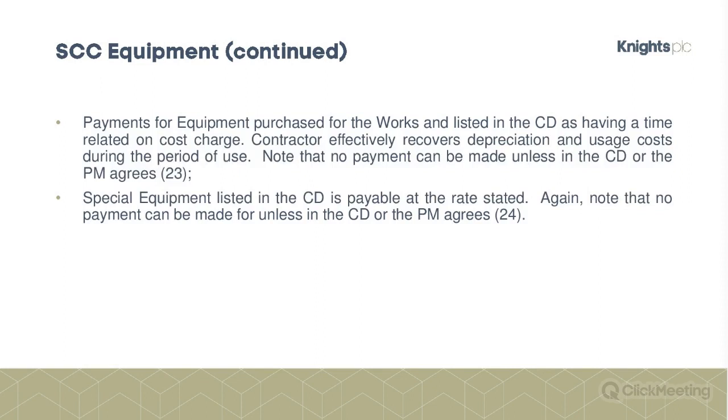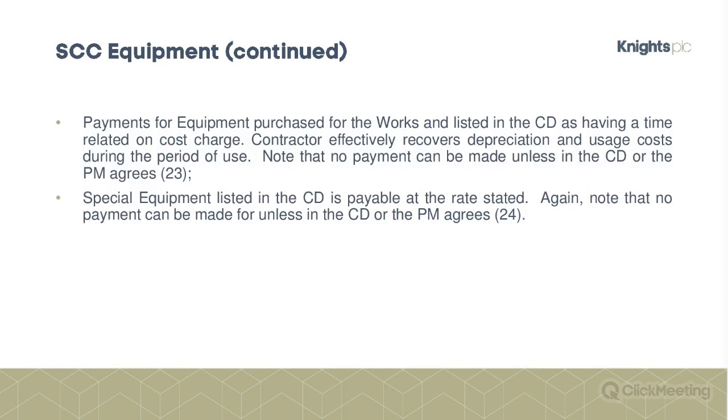So these are probably going to be very rarely used. So payment for equipment purchased specifically for the works which are the subject of the contract, providing it's listed in the contract data as having been specifically purchased, is priced on a time-related cost charge.